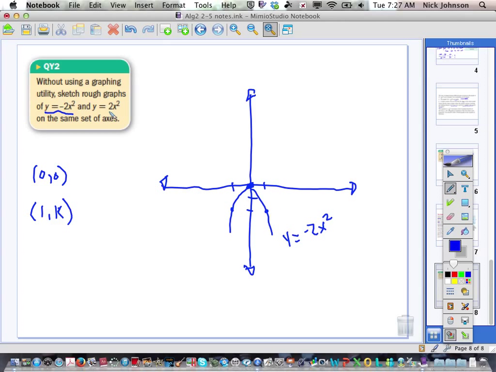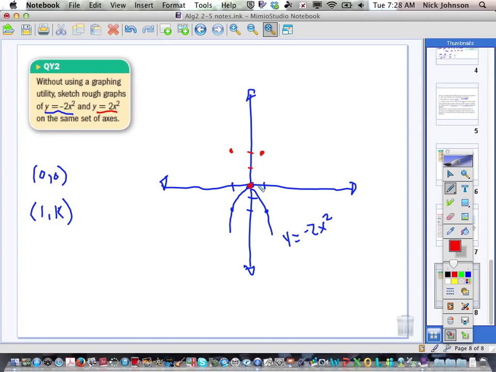So this is my y equals negative 2x squared. To graph this one, and I'll do this one in red, I graph my vertex. I put 1 in. 1 squared is 1, times 2 is 2. So if I put in a negative 1, I also get out 2. Remember, symmetric.